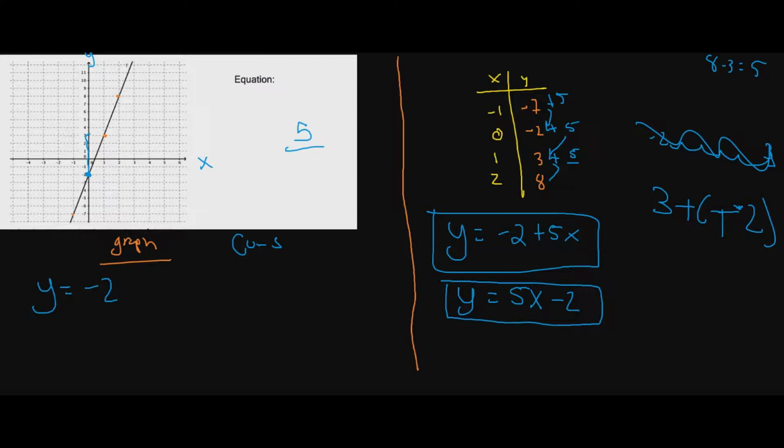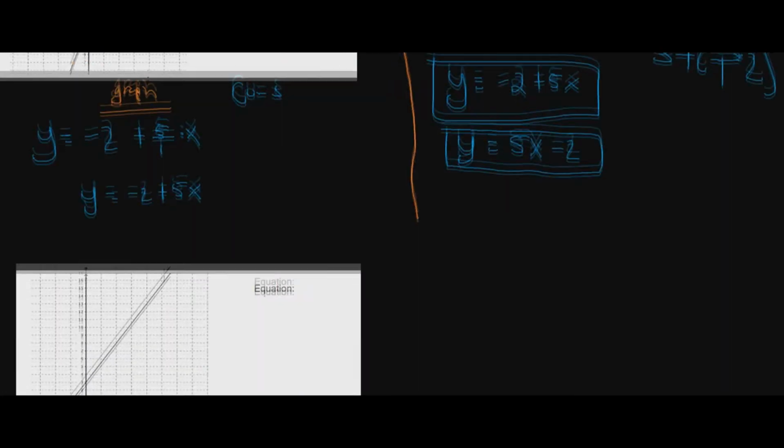And then how much do we go over by? Well, we go over by 1, so 5 over 1. So there it is. That's my average rate of change, and it always works. So this is just plus 5 over 1 times x. Okay, or y is equal to -2 plus 5x. It really does not matter. It's up to you to decide.